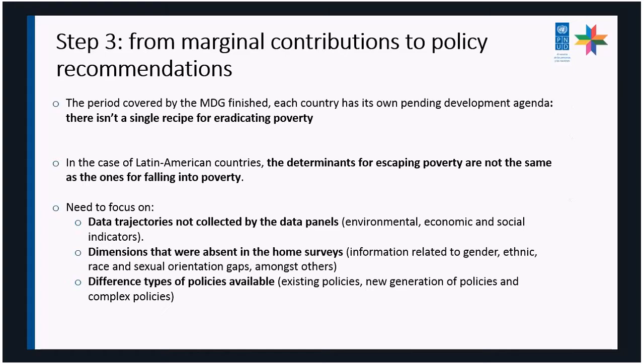Each country has its own talents and its own policy agenda going on, and that is why it's very important, in this step, to understand each country's context in order to adapt what we found in the PROVID model to the current situation of the country.